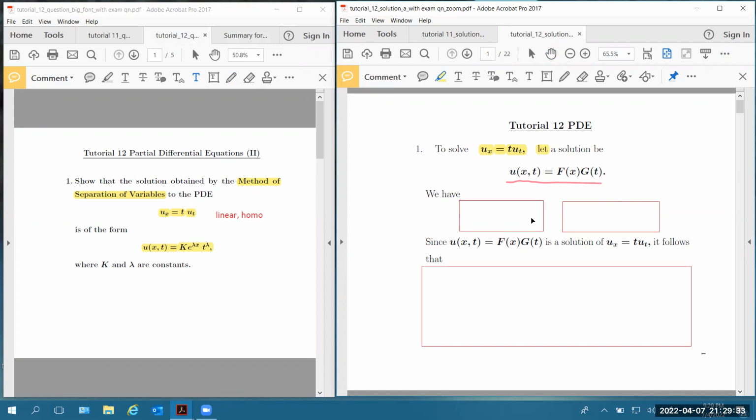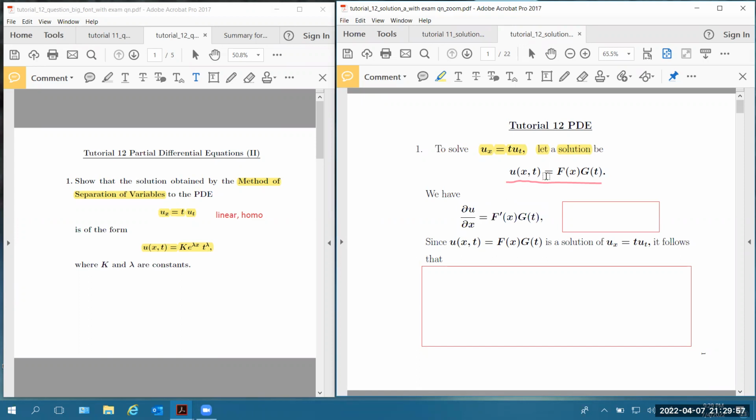Then the next thing is I'm going to substitute into the PDE. Since you say this is a solution, that means you put it into the PDE, then your left side must be equal to your right side. When you want to put in, I notice that I need u_x, I need del u del x.